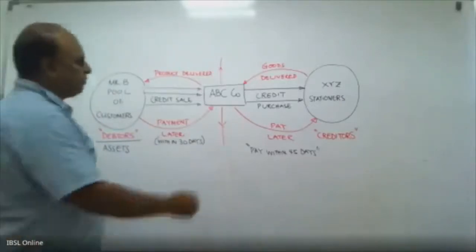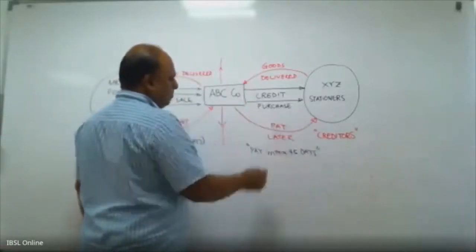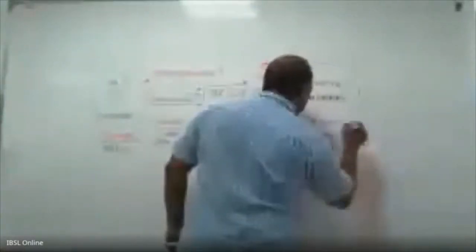What is here? You have an obligation to pay. What do you mean by that? That's a liability. So debtors are assets of a business. Creditors are liabilities of a business.